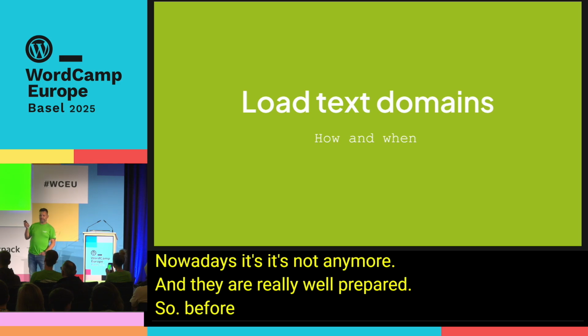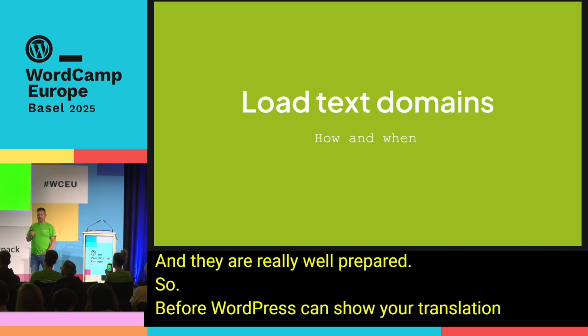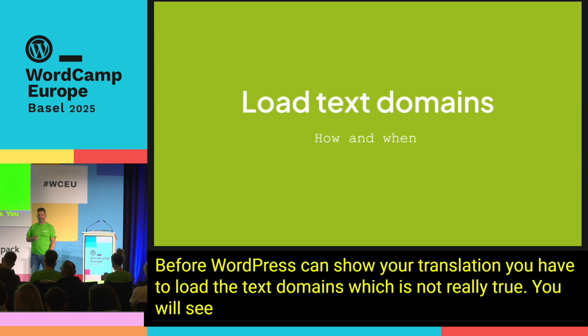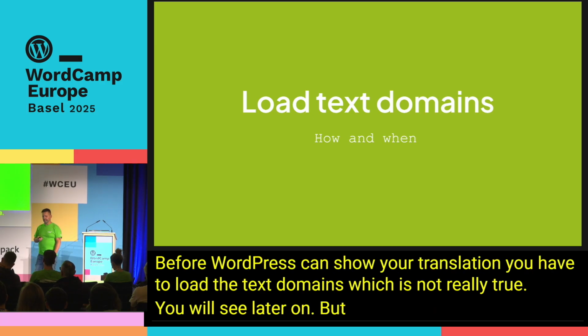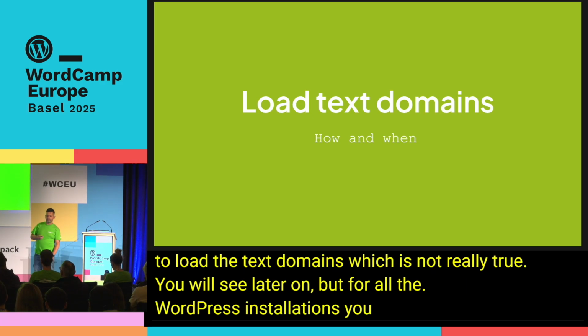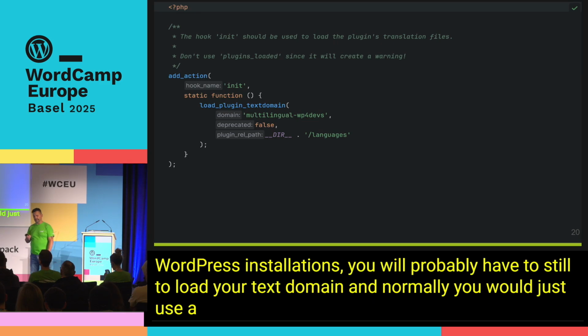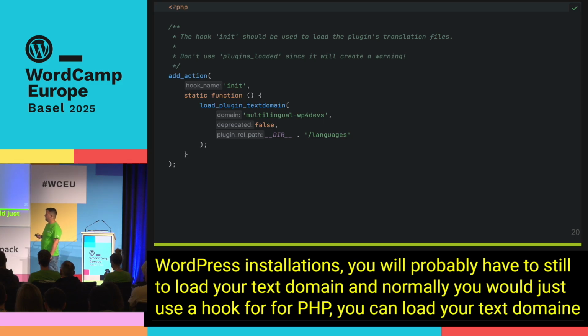Before WordPress can show your translation, you will have to load the text domains, which is not really true. You will see it later on. But for all the WordPress installations, you will probably still have to load your text domain. Normally, you would just use a hook for PHP, where you can load your text domains.